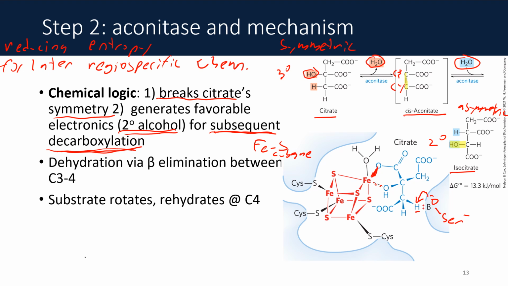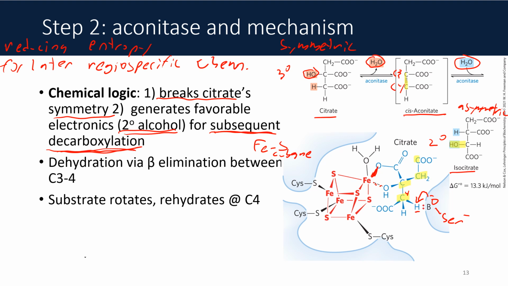And really quickly, just to help keep you oriented, to help you find where C4 is, I'm going to highlight C1, C2, C3, and then C4. Over there. Anyway, back to the mechanism.